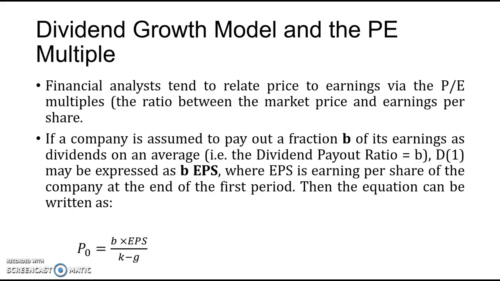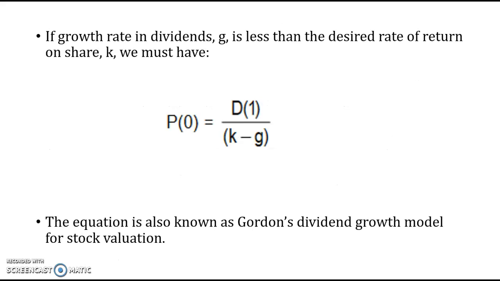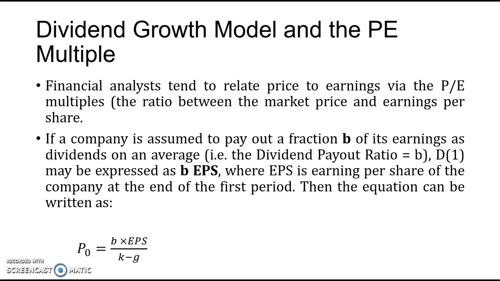So if a company pays out a fraction B of its earnings as dividends on an average, that is the dividend payout ratio is equal to B, then this D1 can be expressed as B into EPS, where EPS is the earnings per share of the company at the end of the first period. Then the equation is P naught is equal to B into EPS divided by K minus G.